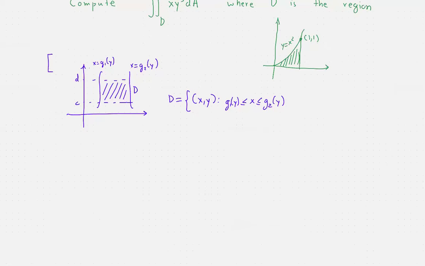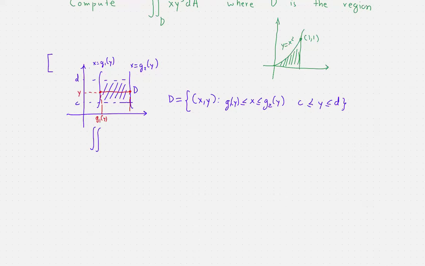And when we say that we want to move horizontally first, that will be over variable endpoints of integration. So if we call this y, then this is g1 of y, and this is g2 of y, and it changes with each y.